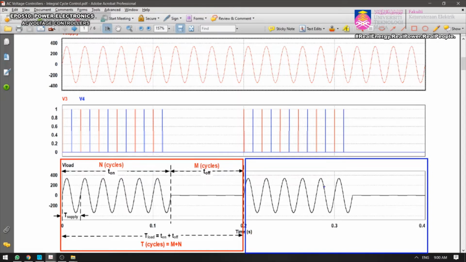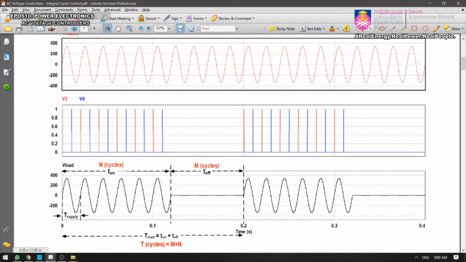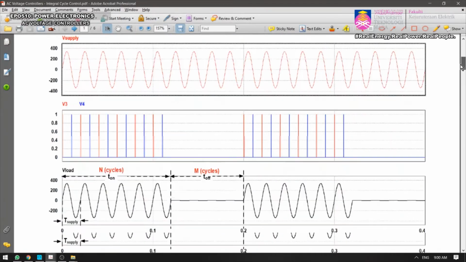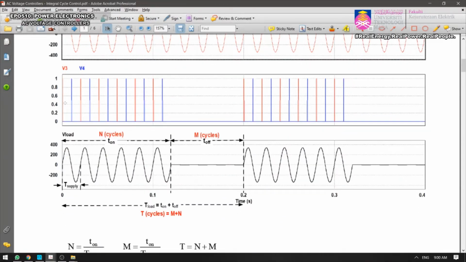Now we're going to have another parameter here. To turn on thyristor 1 and thyristor 2, we have different pulse signals: V3 is the pulse to thyristor 1, and V4 is the pulse to thyristor 2.